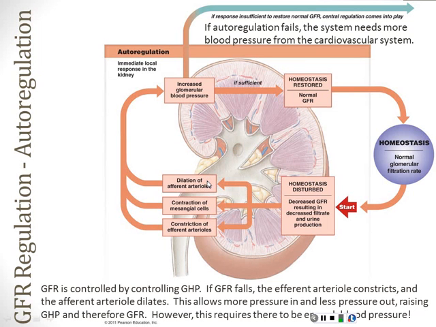We dilate the afferent, we constrict the efferent, that causes the pressure in here to go up. That increases filtration pressure, which increases filtration rate, and now we've restored our problem. So the initial problem was too little GFR. Too little GFR means too little GHP, not enough hydrostatic pressure in there.